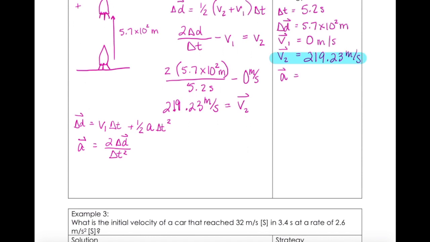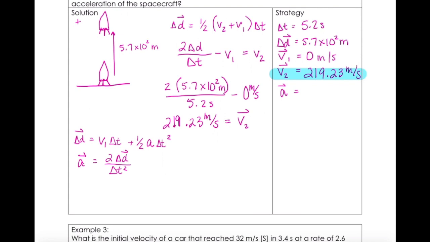Okay, so plugging in the values that we have, we would get acceleration equals 2 times the displacement, which is 5.7 times 10 to the second, all over our time, which is 5.2 seconds squared.